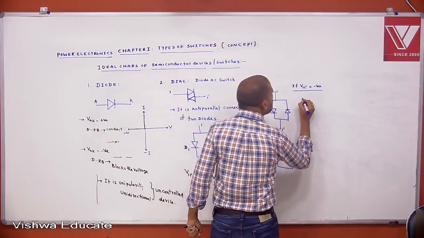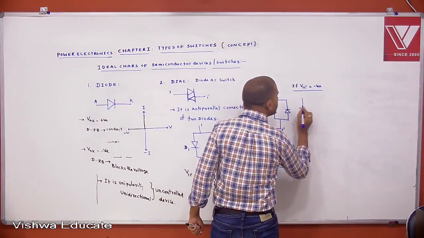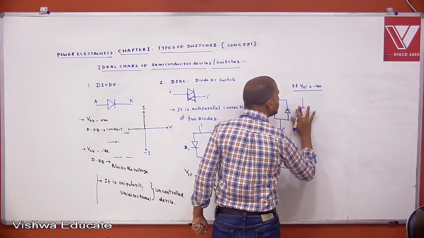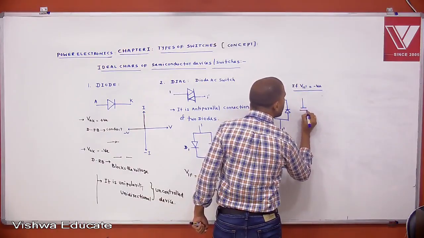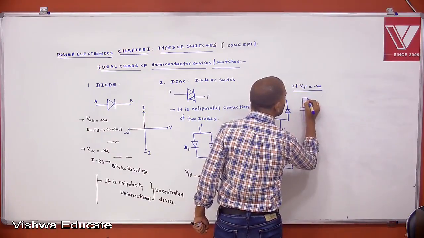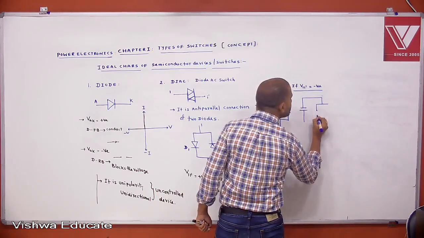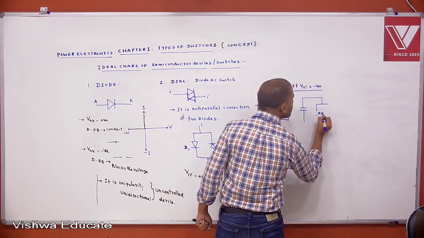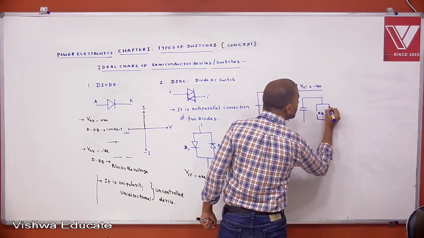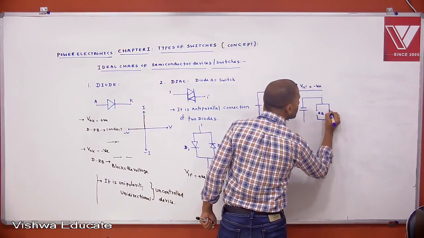V11 dash is negative means this is the circuit. 1 is connected to which one? The negative plate. 1 dash is connected to which one? The positive plate. If V11 dash is negative, this diode is under reverse bias condition and this diode is under forward bias condition.